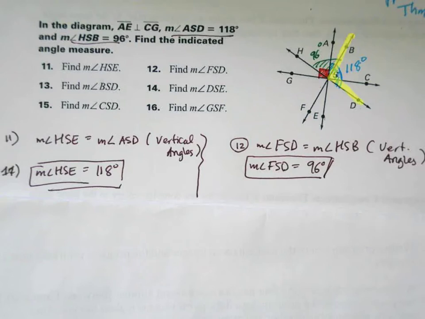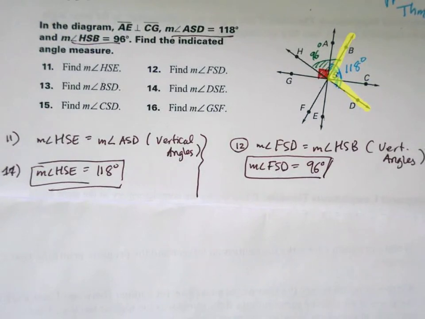There is a vertical angle to it, HSF, but we don't know the measure of HSF just yet. So we have to think a little bit more on this. There's a vertical angle, but that doesn't help us. So maybe there's a supplementary or complementary angle that can help us. And in fact there is.